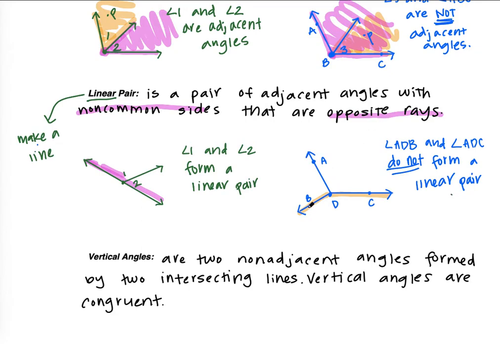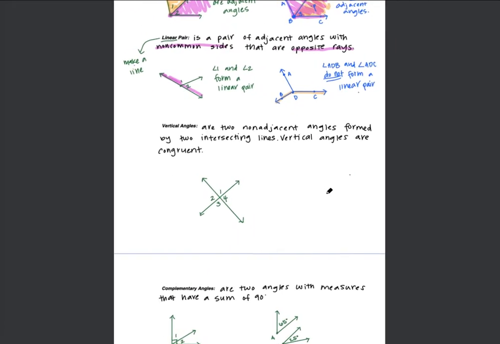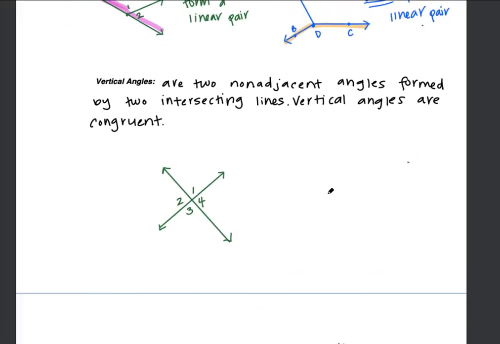Do these two angles form a straight line at the bottom? No, they don't. This one over here did. I can draw a straight line, but these two angles, you see, it's not straight. Like this is one side and then this is another side. They don't form a straight line. Okay, so they're not a linear pair.